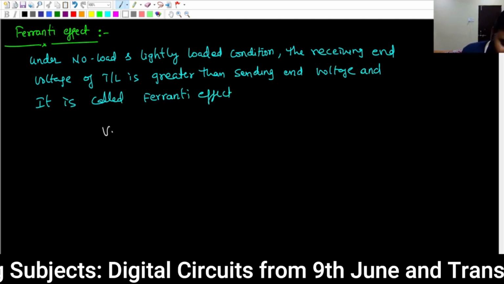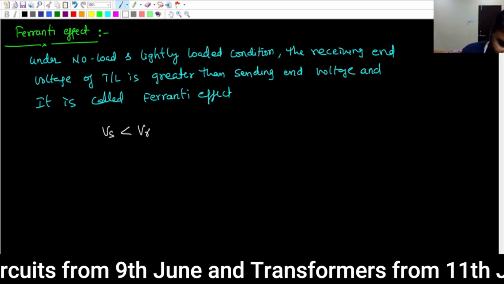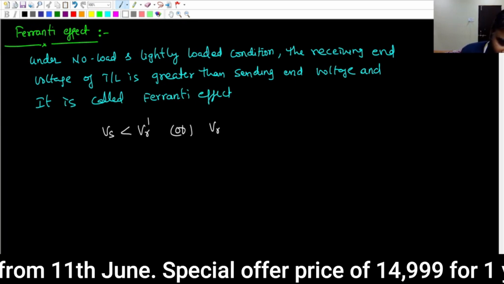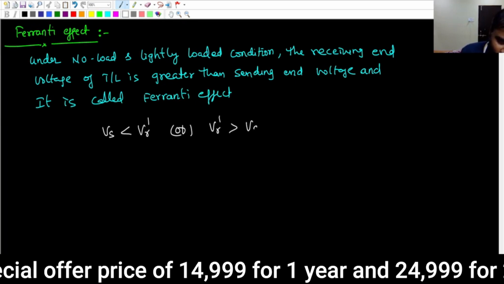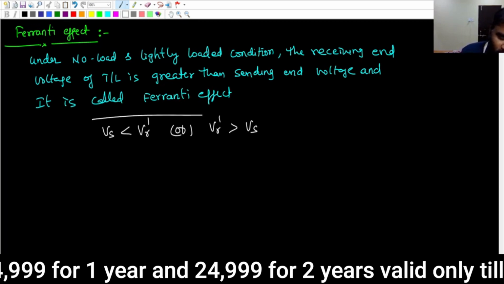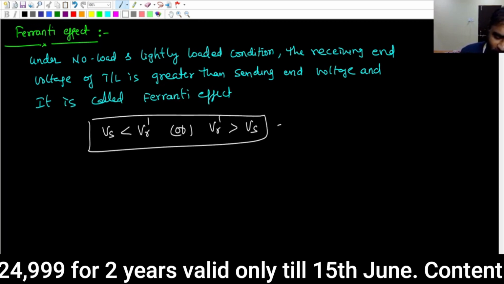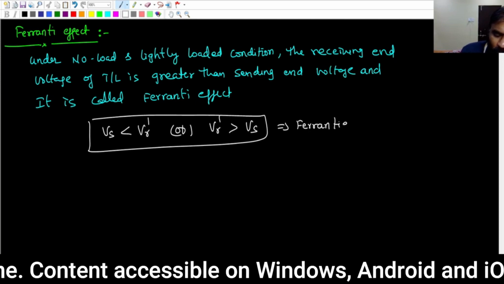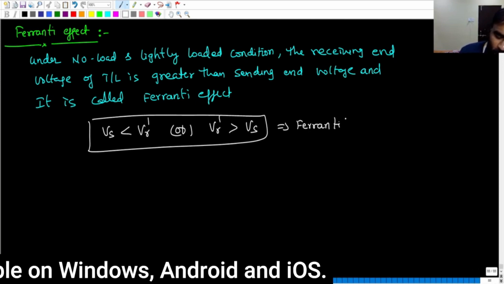Okay, what is this? Vs is less than Vr dash. Otherwise, Vr dash is greater than Vs under no load. Okay, this is what we call the Ferranti effect. What is called no Ferranti effect?